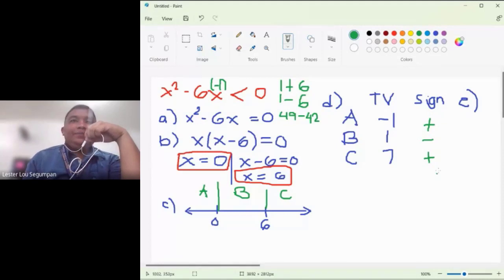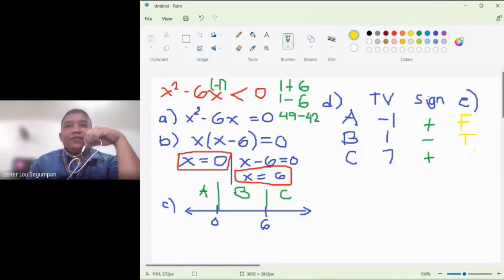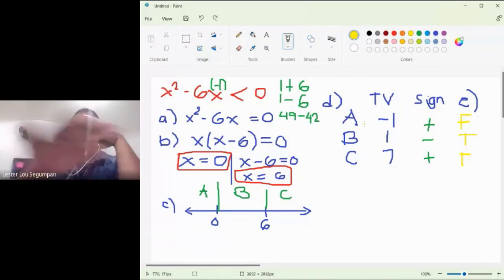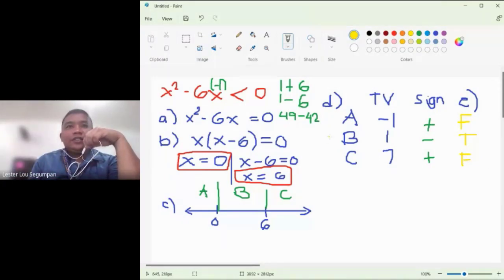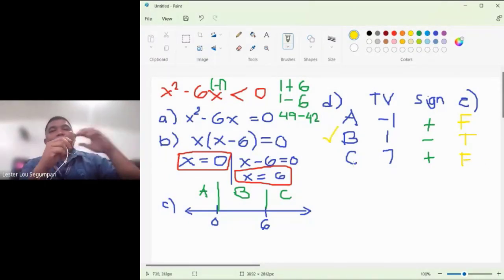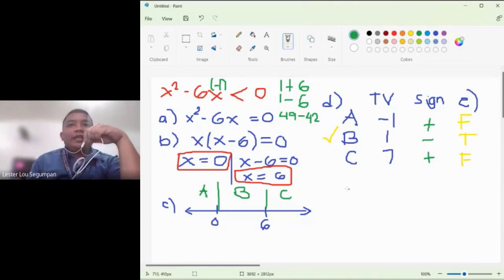So let's go to proper identification now of the result. What would be the decision here, true or false? So F, T, F. That would mean that our answer covers region B alone. So what is our solution set?